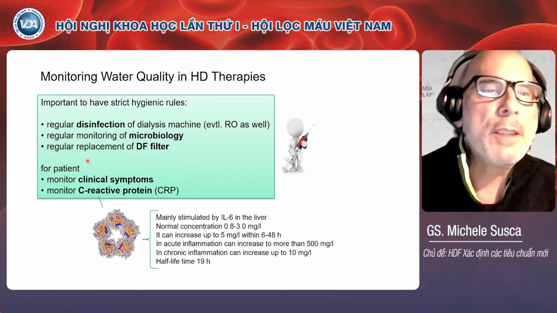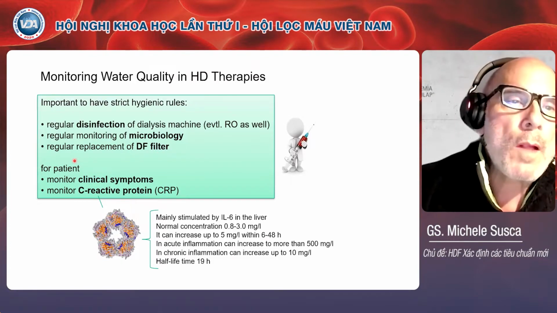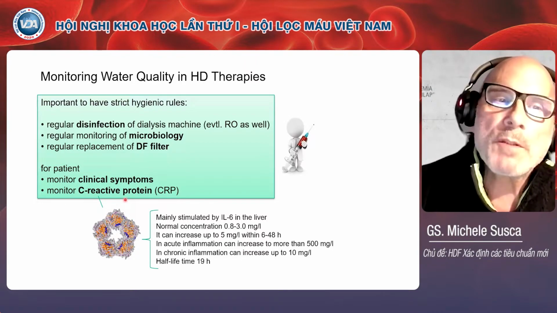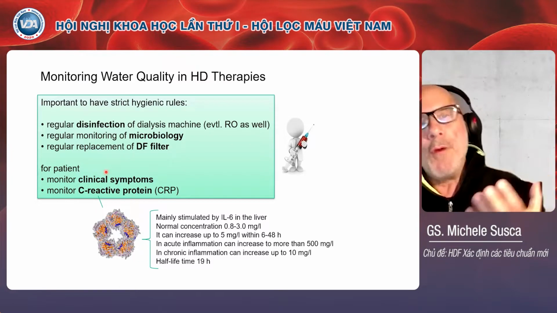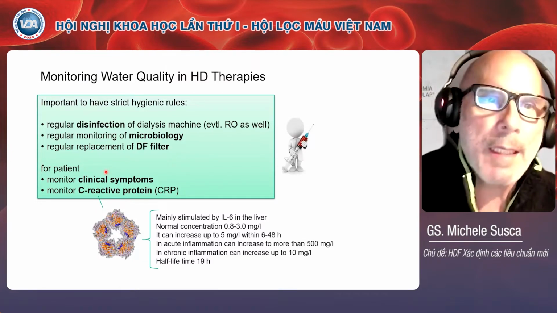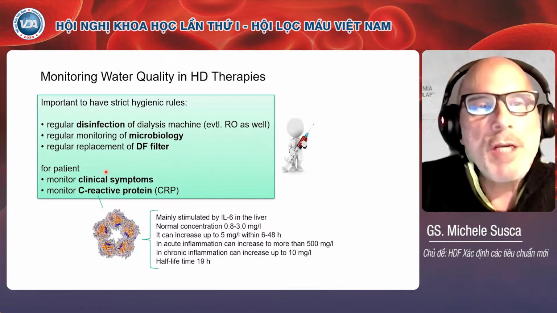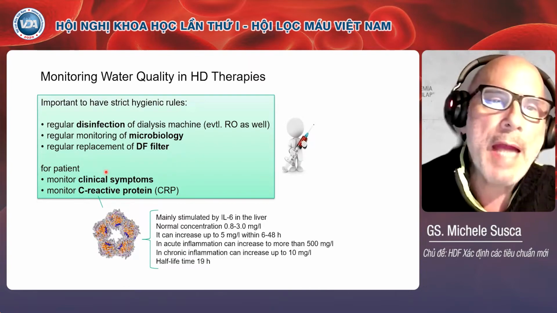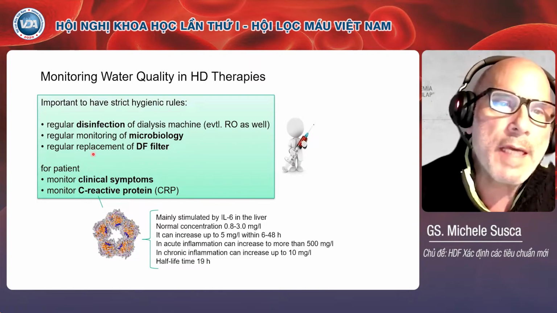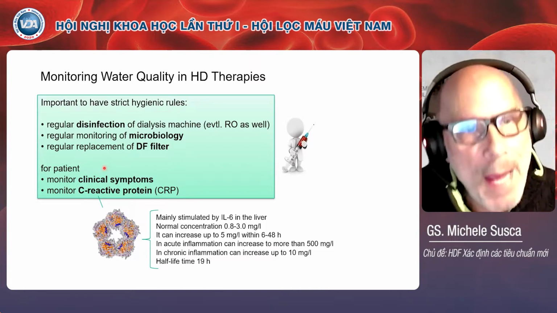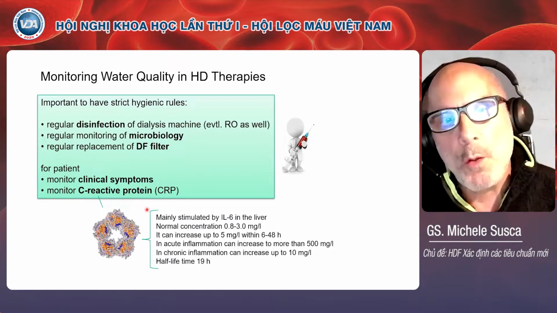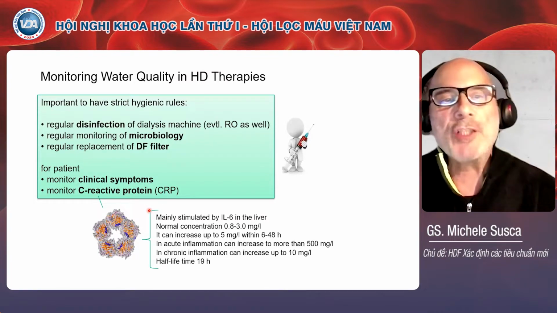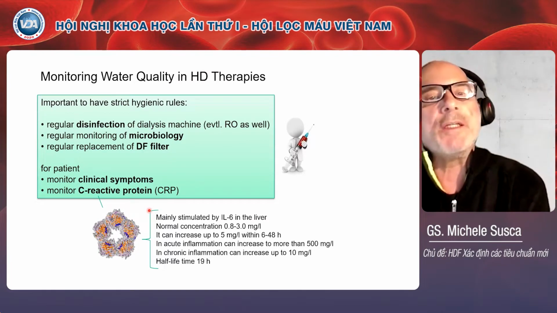Regarding the patient, we have to take care of the clinical symptoms. Just observe clinical symptoms. When the fluid is, for example, not okay, the patient will get shivering reactions, fever reactions, and so on, and we can see it. We can also measure the C-reactive protein, which is a good indicator for such endotoxin reactions.